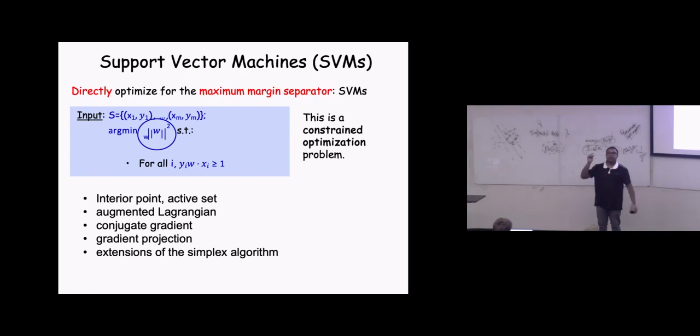And that is one option to learn, that is to go for an advanced machine learning course or go to a statistics department optimization course. But here are some techniques that the statistics class can teach you. Interior point, active set, augmented Lagrangian, conjugate gradient. These are all different methods of quadratic programming. You can use these tools to actually solve this optimization problem.